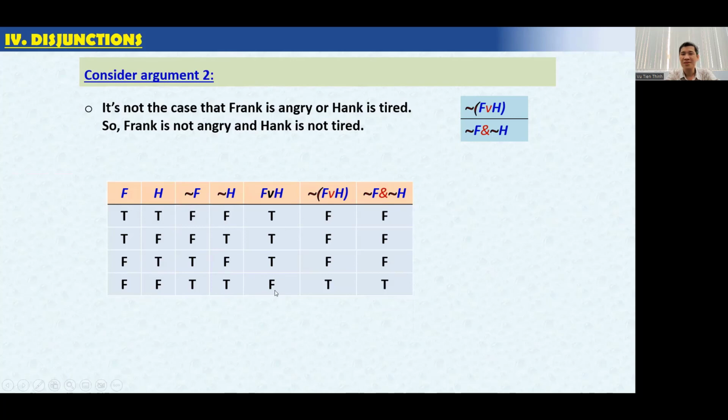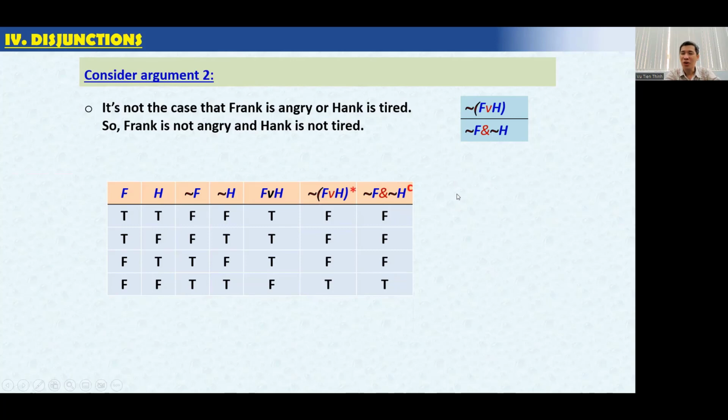True, true, true, false. Not the case F or H is just the opposite, negation, right? Then false, false, false, true. The conjunction, not F and not H, is true when both of the claims are true. And you have true on the last line. The other cases are false.